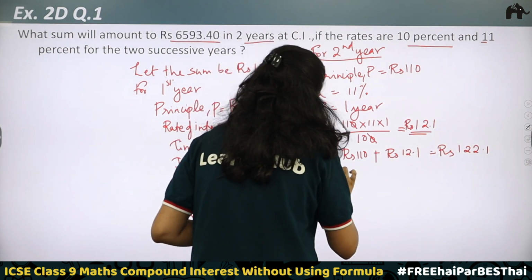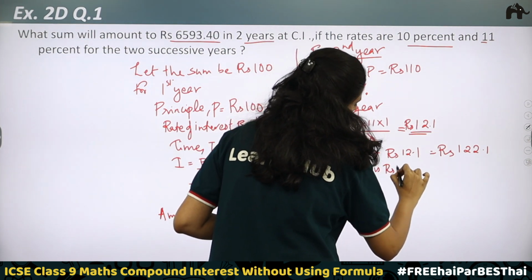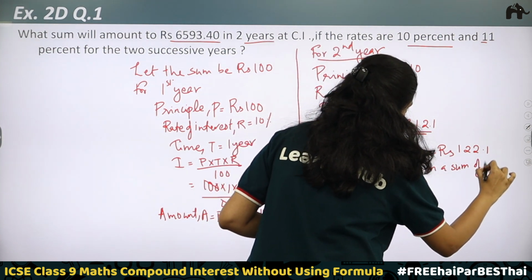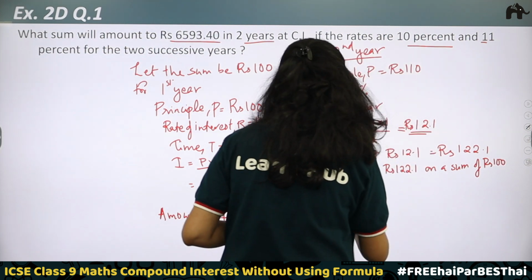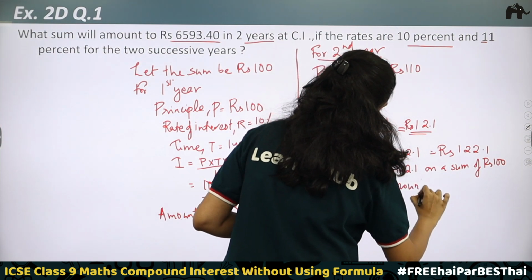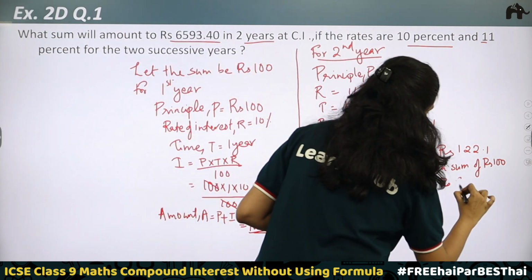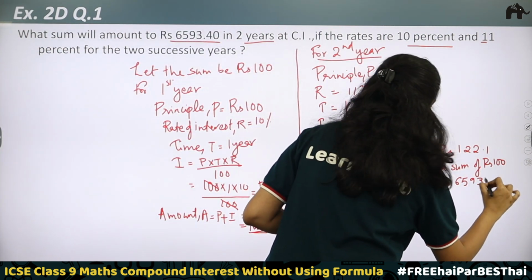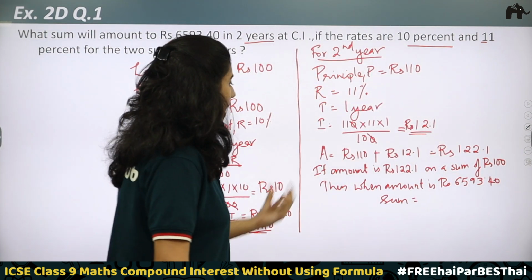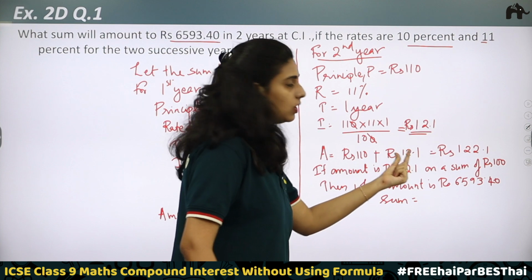If amount is rupees 122.1 on a sum of rupees 100, then when amount is rupees 6,593.40, sum will be equal to, how to find the sum? If the amount is rupees 1, then the sum will be equal to rupees 100 divided by rupees 122.1.